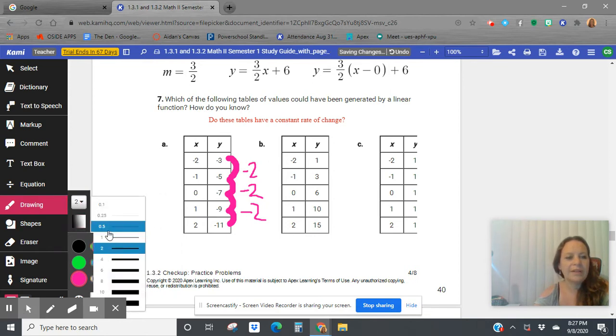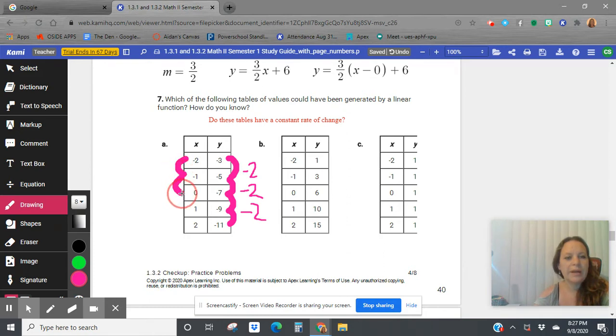Now on the left-hand side, which we also need to look at, this one is going up 1 per jump. So this is going up, or actually technically down, at a constant rate.